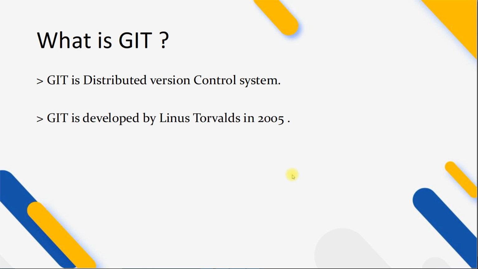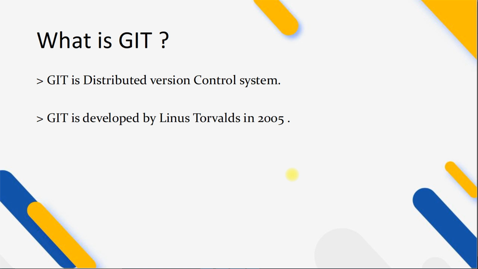Now, what is Git? It's a distributed version control system. Maybe right now the term is very heavy to understand, but I will explain, don't worry. The next point: Git was developed by Linus Torvalds in the year 2005.